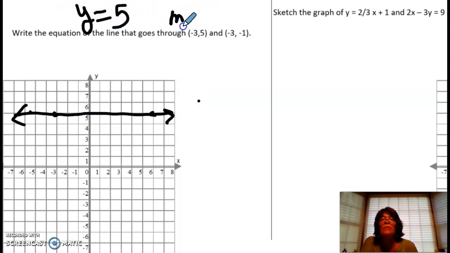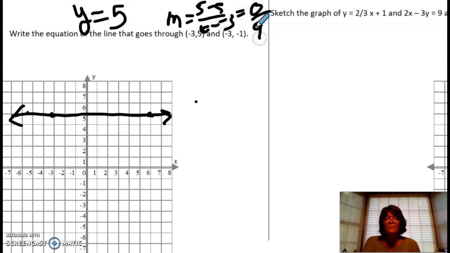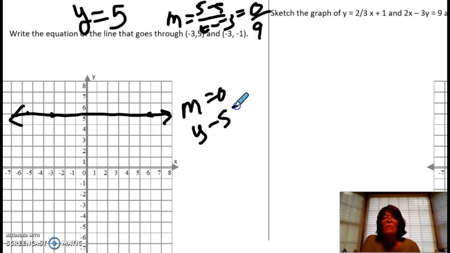If you find the slope, you would take 5 minus 5 over 6 minus negative 3. That gives you 0 over 9, 0. So the slope is 0. So I take y minus the y coordinate equals 0 times x minus the x coordinate.